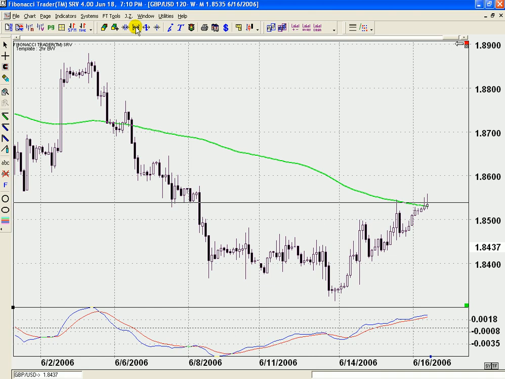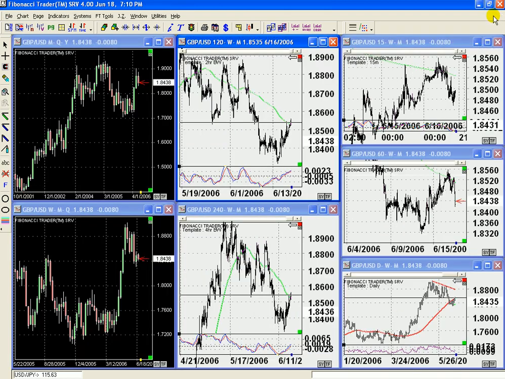Again, I don't need to sound like a clanging cymbal or an off-tuned trumpet, but support becomes resistance, and these are very, very tradable levels, folks. Let's go to our 1-hour chart.